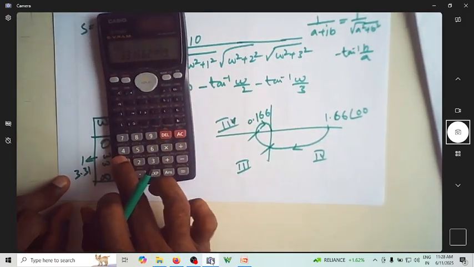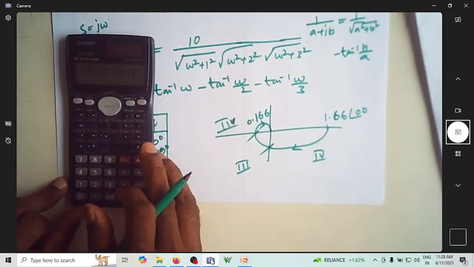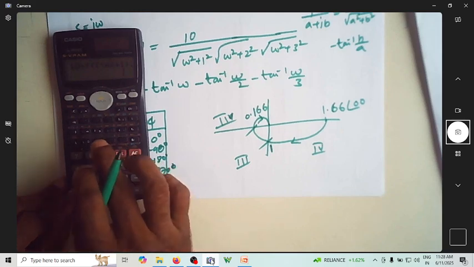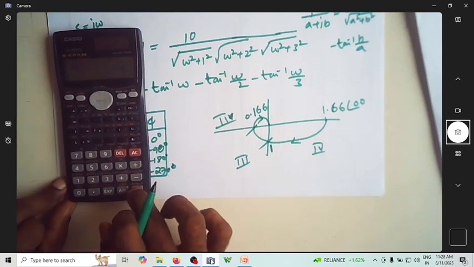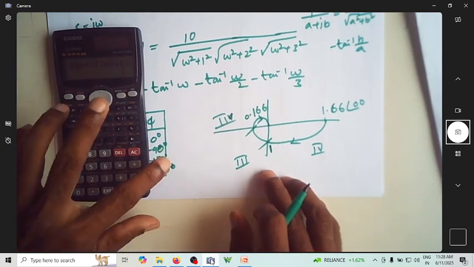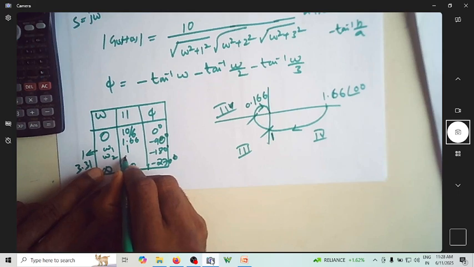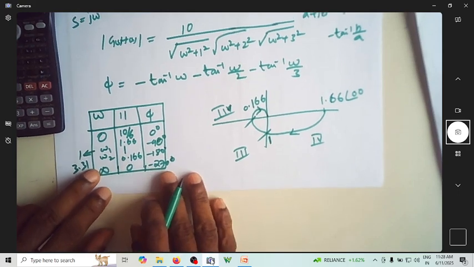Calculating for 1, it is 1. So here the magnitude is 1, and here the magnitude is 0.166.